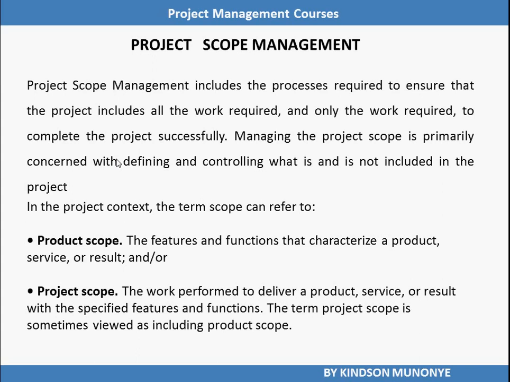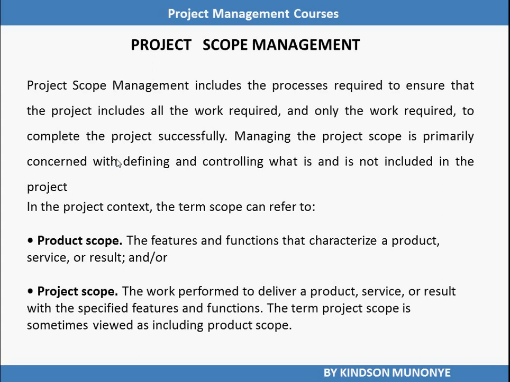These are features and functions that characterize a product, service, or result. Scope might also refer to project scope, the work performed to deliver a product, service, or result with the specified features and functions. The term project scope is sometimes viewed as including the product scope.